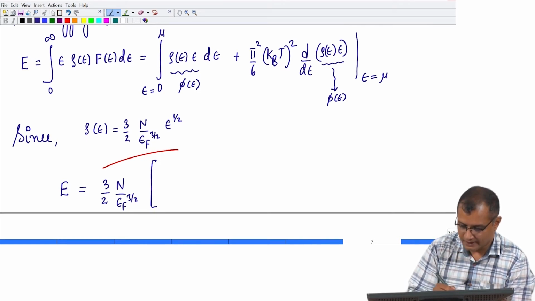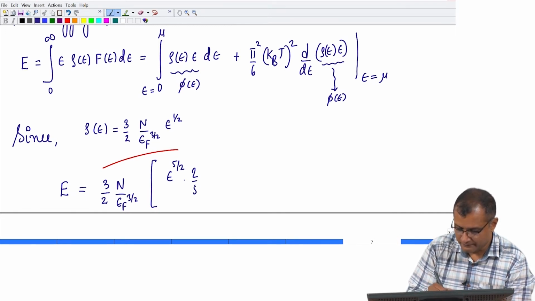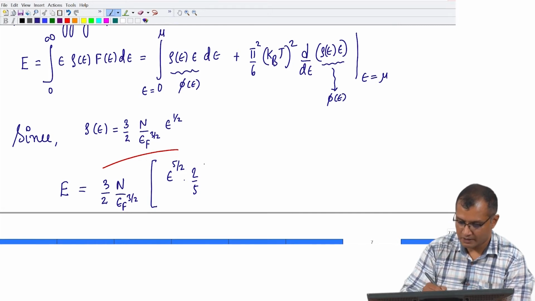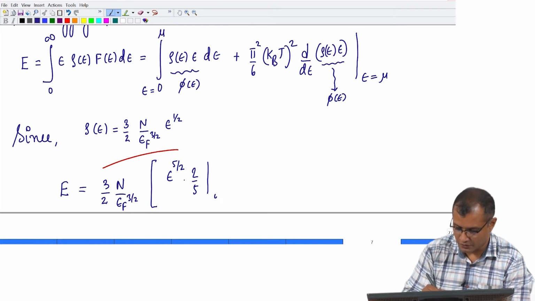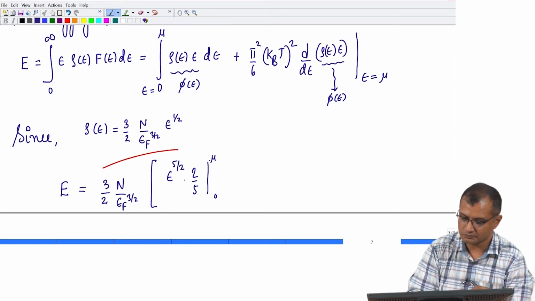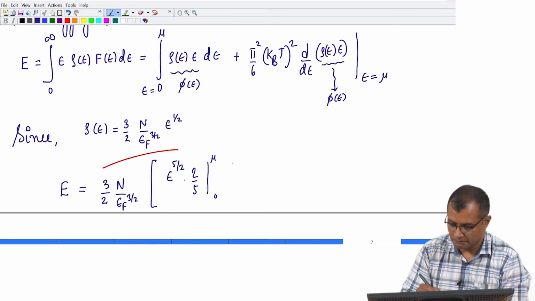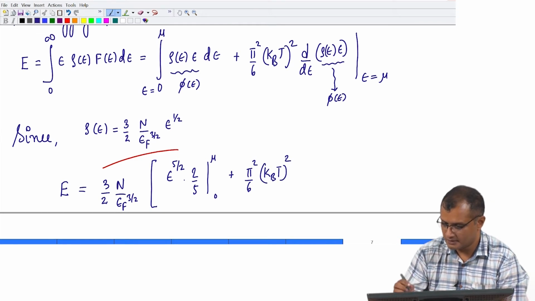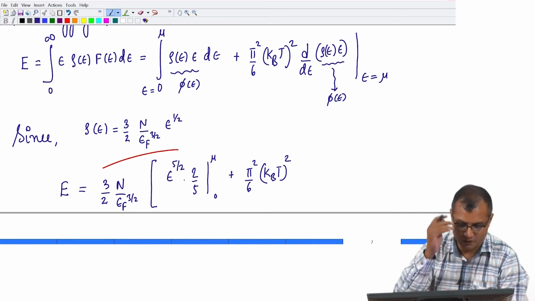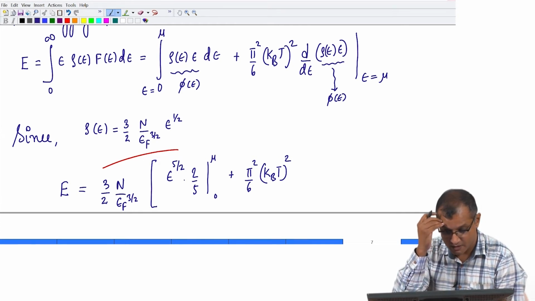So, that will be nothing but e to the power 5 by 2 into 2 by 5, and the limits would be 0 to mu, plus pi square by 6 into kBT the whole square, and again I have taken all the constants outside.